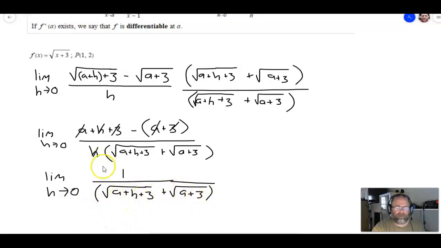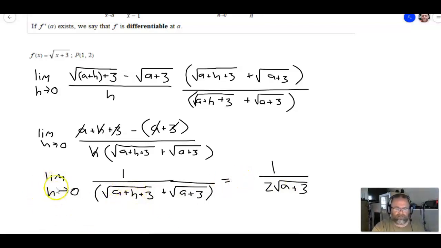So right now, if I were to go ahead and put the 0 in there for h, I'm going to end up getting 1 over, that's going to be square root of a plus 3 plus square root of a plus 3, so that'll be 2 times square root of a plus 3. Because there's 2 of those now. Remember, I'm putting a 0 in there for h.